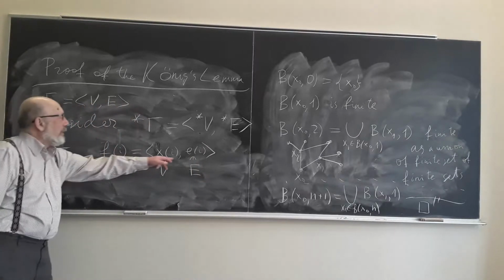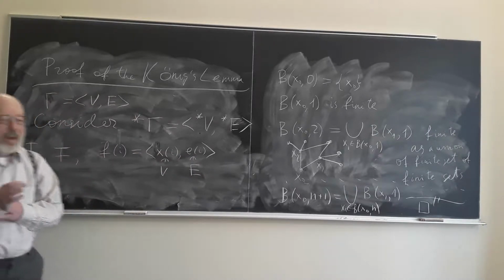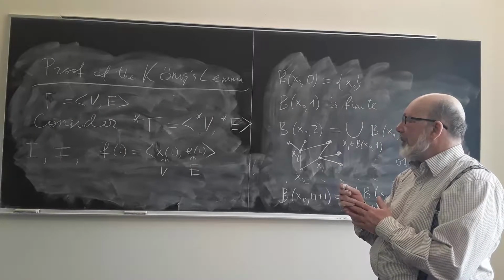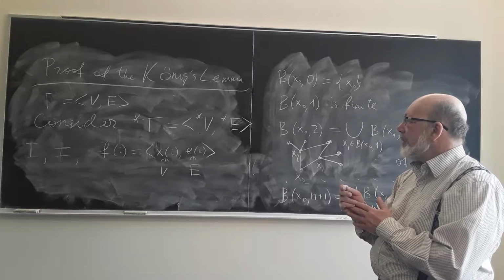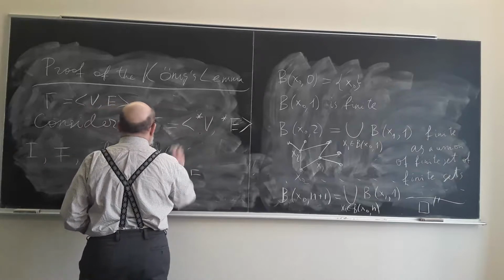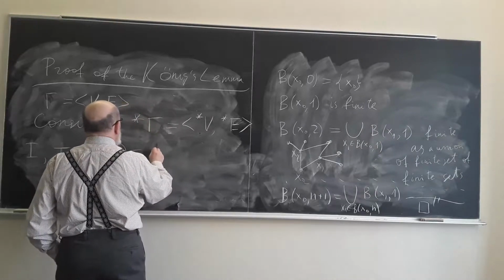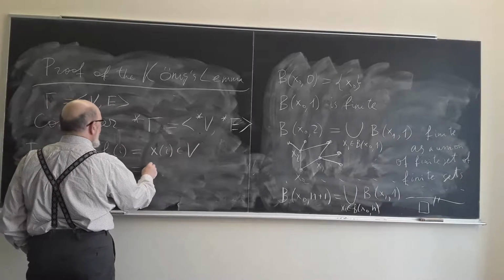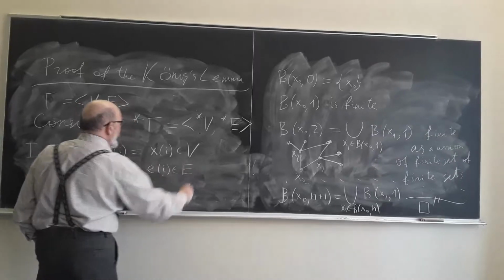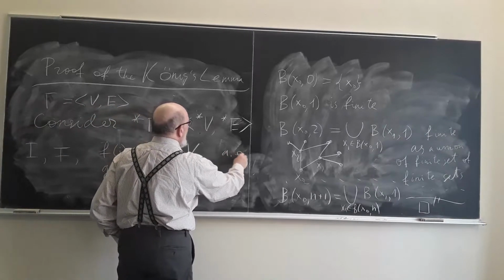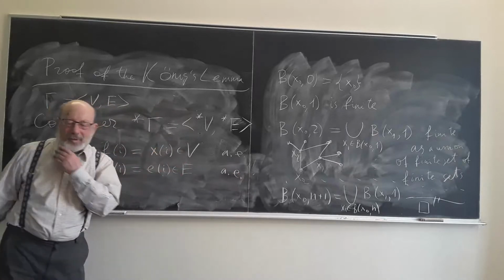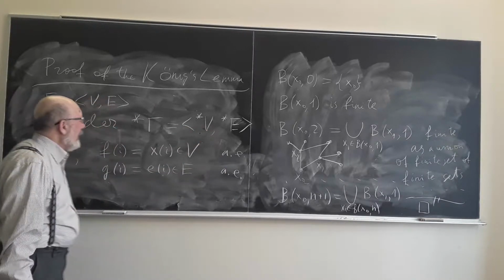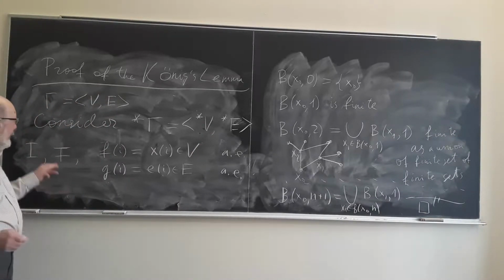So x of i is this. And g of i equals e of i in E. They are defined almost everywhere, and two such sequences correspond to one element in the set star V and star E if they coincide almost everywhere on a set which is in our filter.